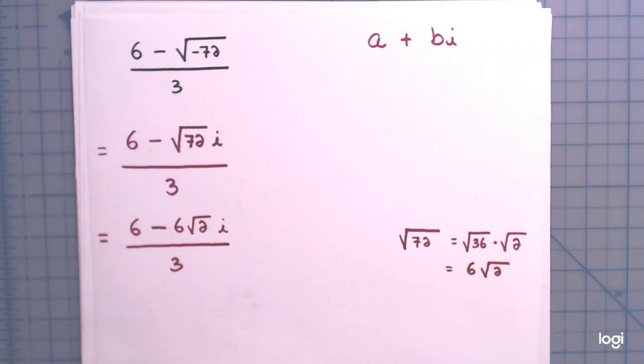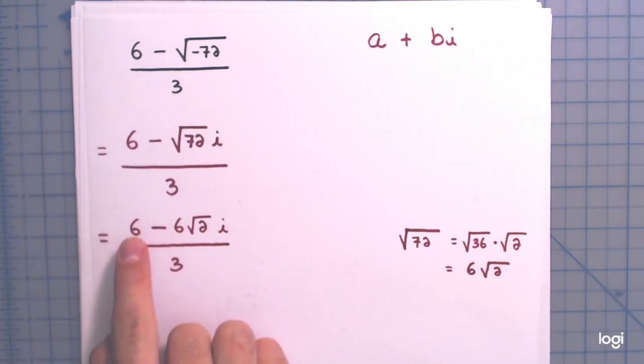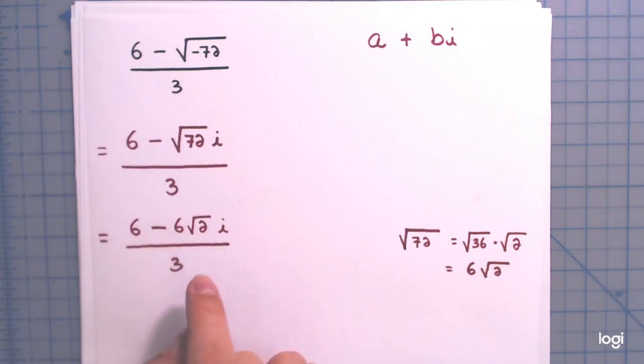I'm just going to use the rule where, if your numerator has multiple terms like this does, there's this real term and then this pure imaginary term, you can divide every term of the numerator by the denominator. It's basically just like reversing the addition or subtraction of fractions.